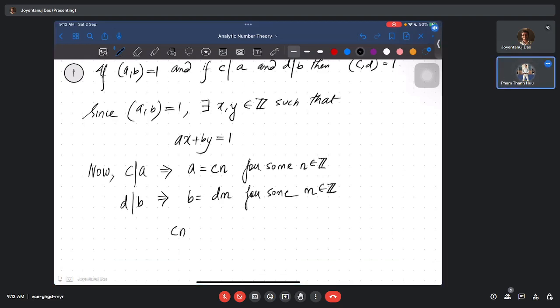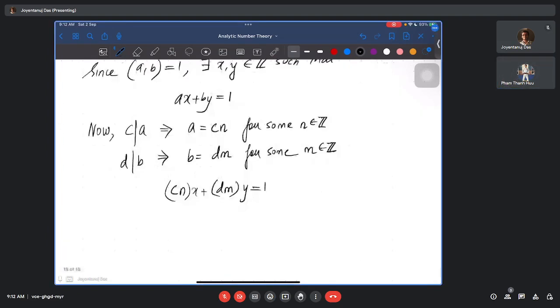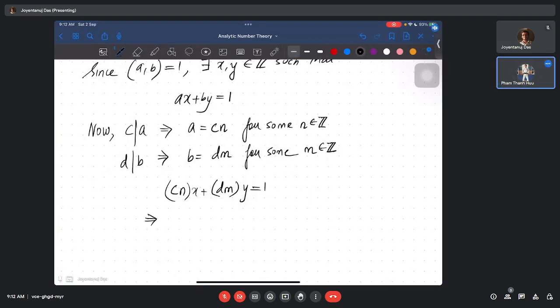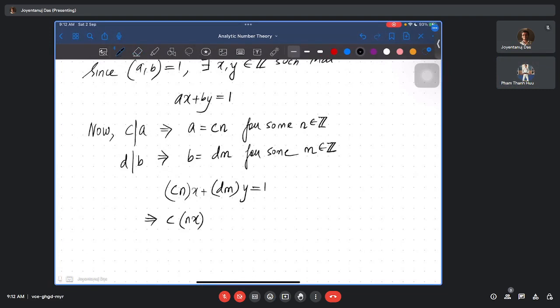So what I have is C N x plus D M y equals one. We group together. So C I can take out and D I can take out. So this is the equation.